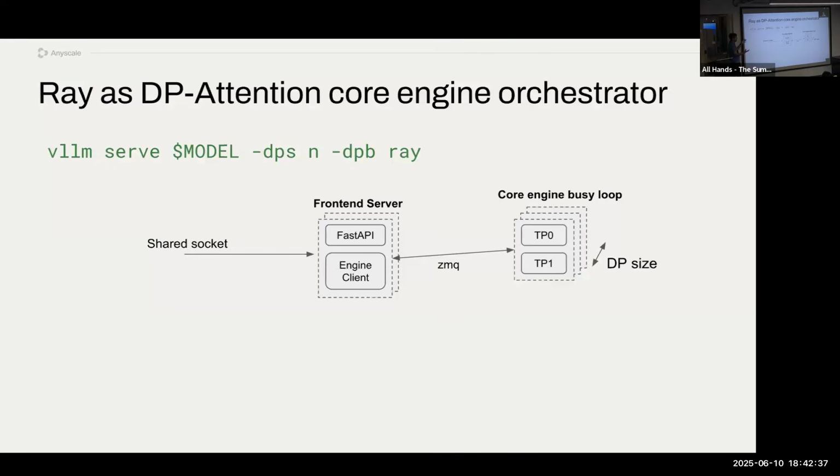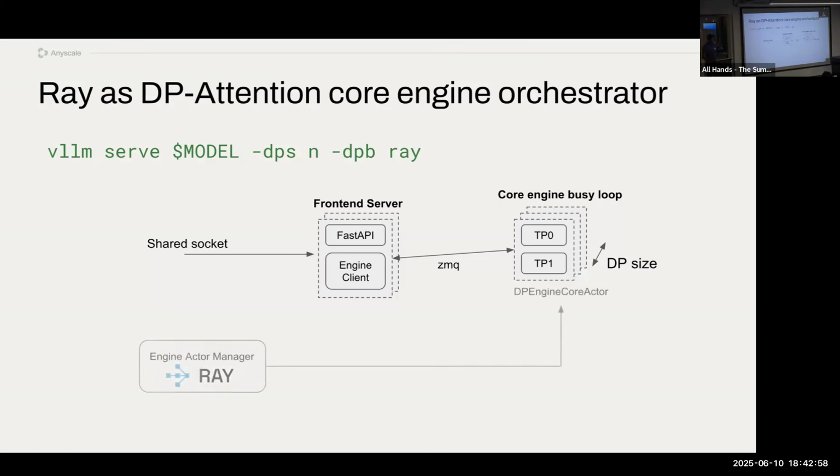One is the front-end server, which has the FastAPI and a client, and does a lot of pre-processing. And then you have this core engine, which is a constantly running busy loop that is exchanging messages with the front end with a ZeroMQ kind of paradigm.